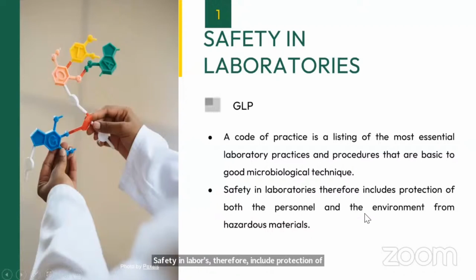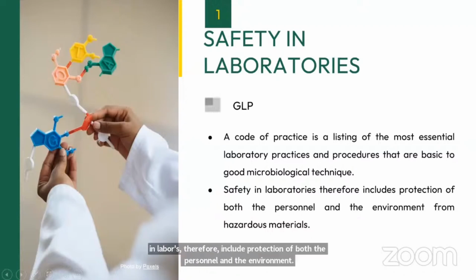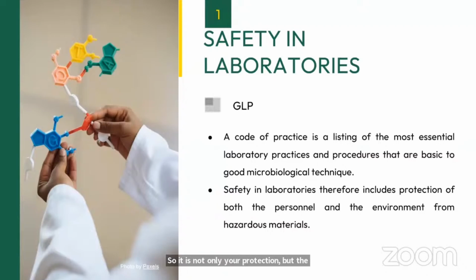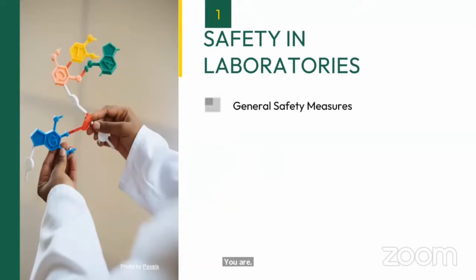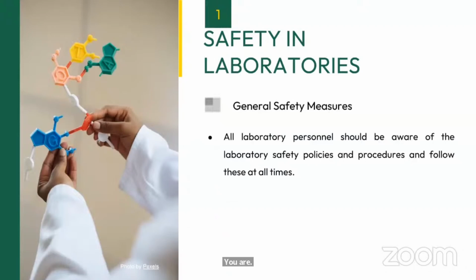So it is not only your protection, but the protection of your surroundings, your environment, and the public. All laboratory personnel should be aware of the laboratory safety policies and procedures and follow them at all times.